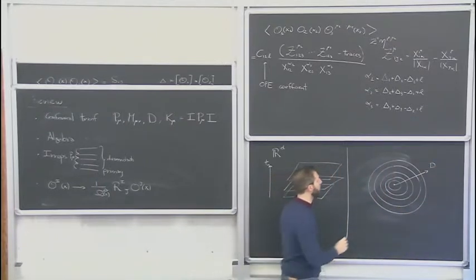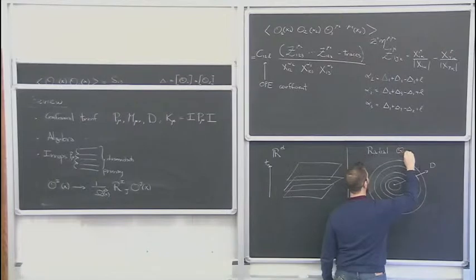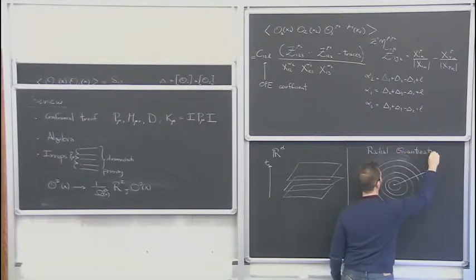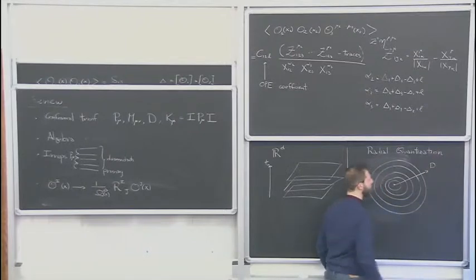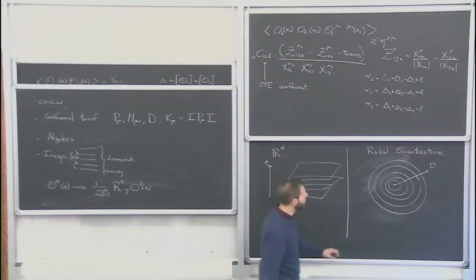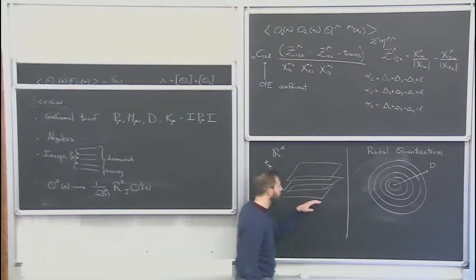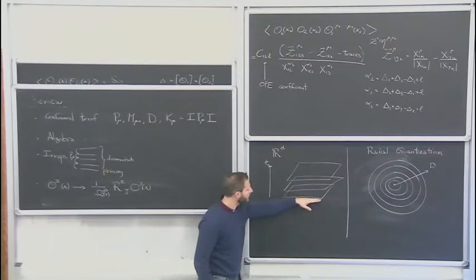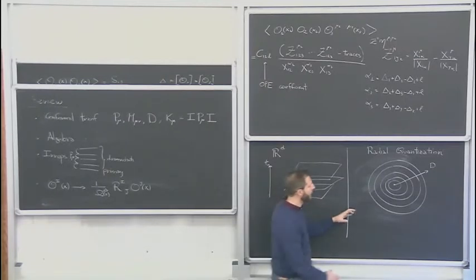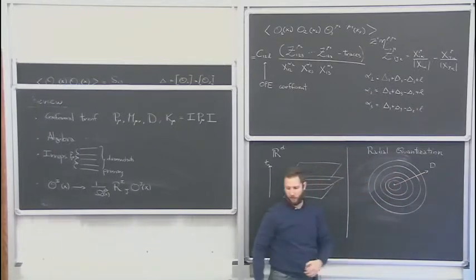This is called radial quantization. So the idea is to start from states defined on spheres instead of defined on slices at equal time, and then use the dilatation operator to evolve states from one sphere to the next sphere.